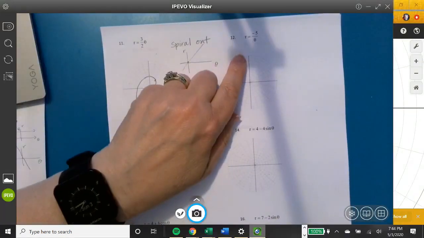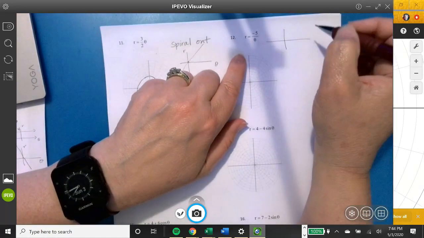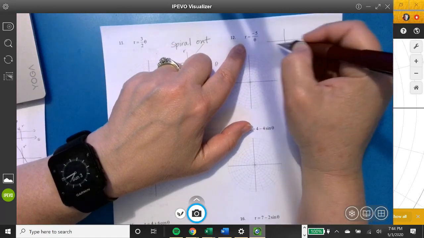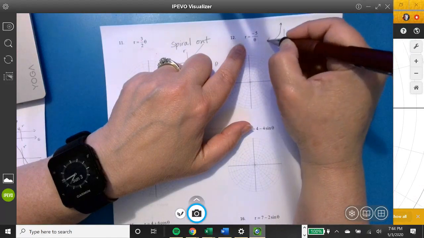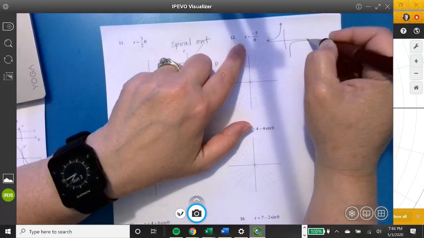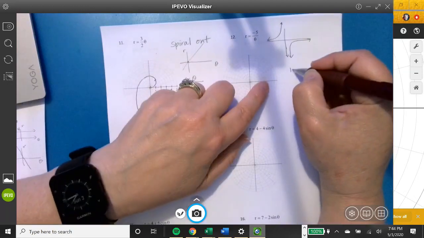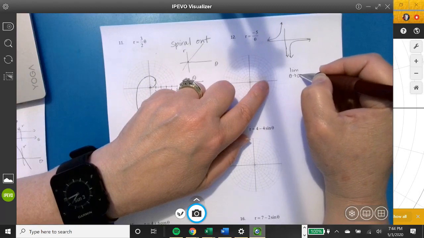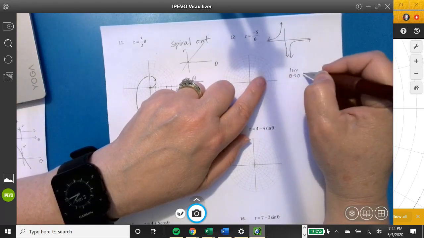R equals -5 over theta. Ooh, -5 over theta. Remember, 4 over theta was in the first and the third quadrant. So this one's going to be like this. What's happening? The limit as theta approaches 0 from the positive side.